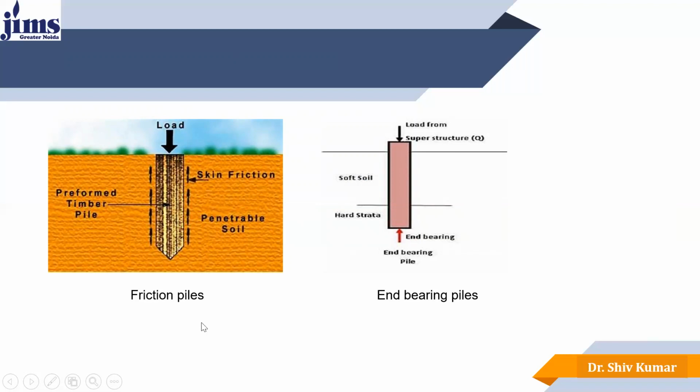The next is the end bearing piles. End bearing piles means the end of the pile is under the hard strata, where it can transfer the load of superstructure to the hard substratum. It is provided in soil where the soil property is comparatively loose, or you can say soft soil is available.